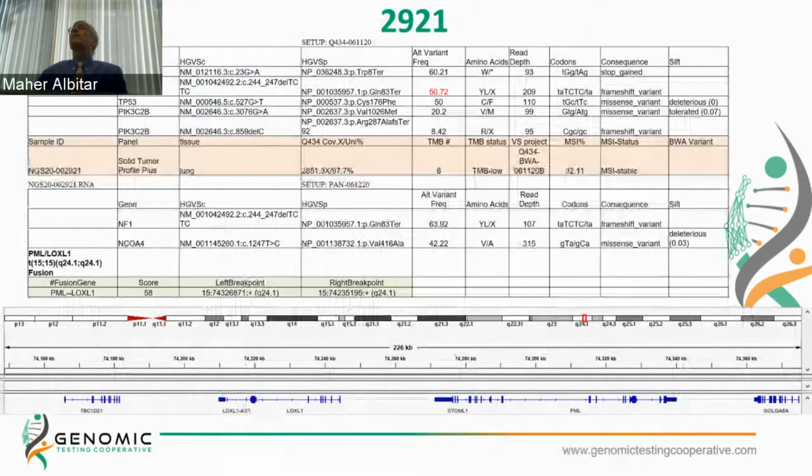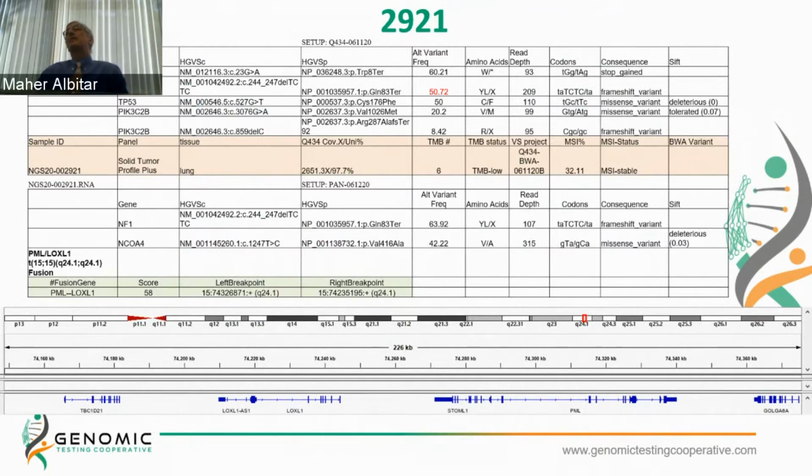And if we look at the mutation profiles, as you can see here, there are multiple mutations. The one highlighted in red is the NF1 mutation, and this raises the possibility of being germline because it is detected at 50%, which means it is detected in all analyzed cells in this particular sample.